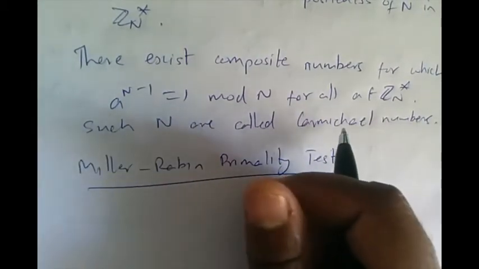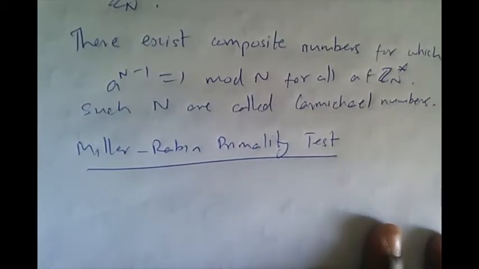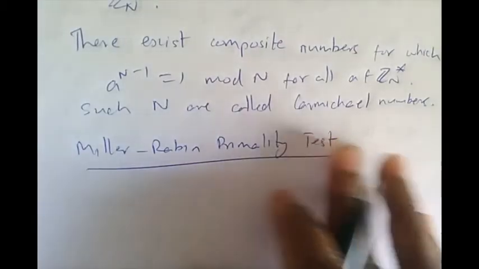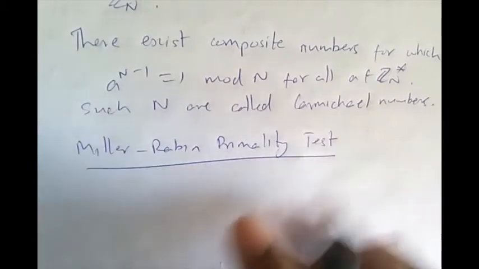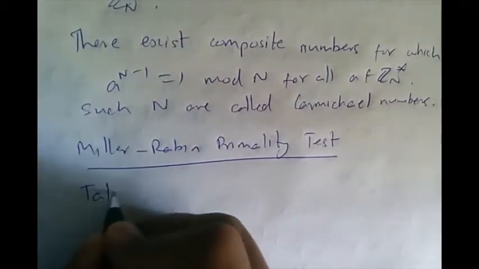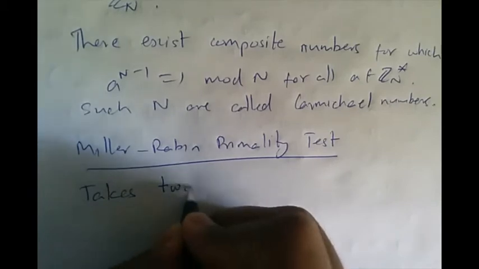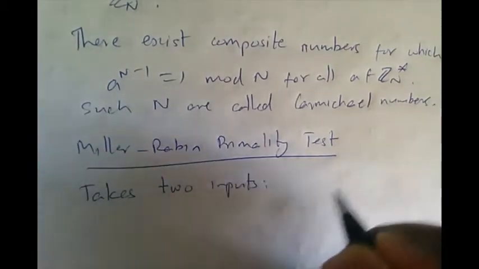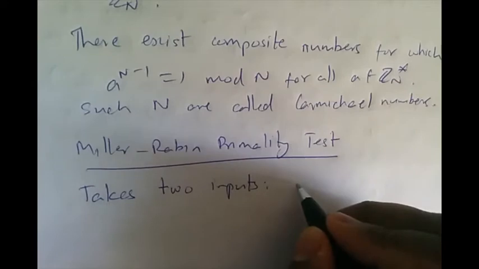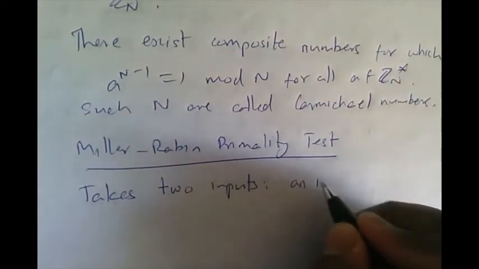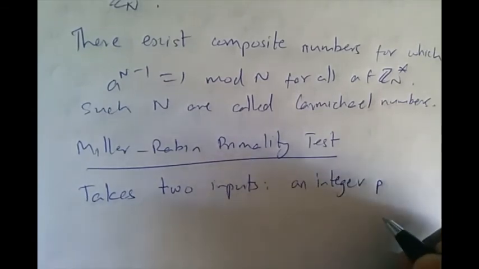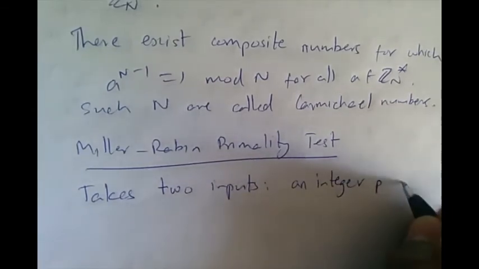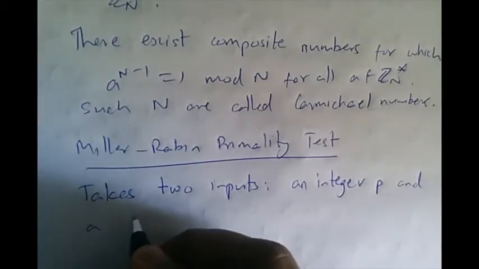So it takes two inputs: an integer p, which you want to check is prime or not, so this is our candidate for prime, and a parameter t.